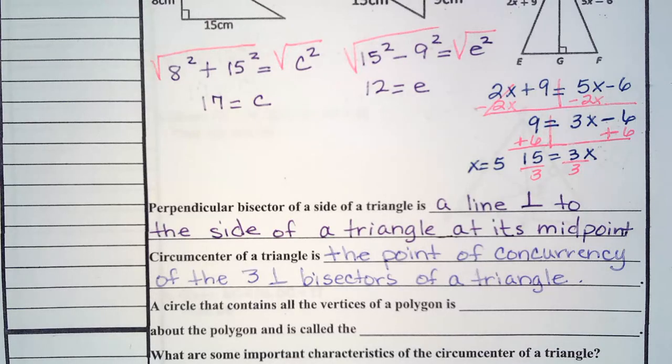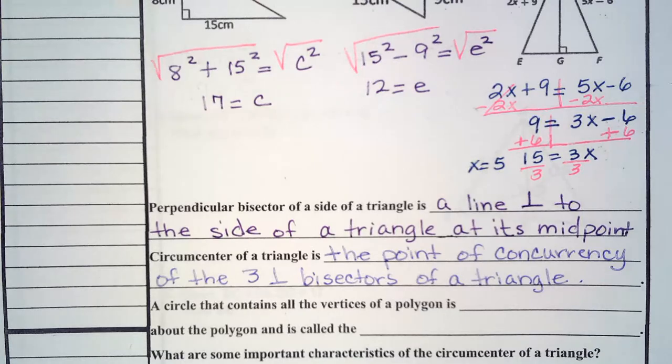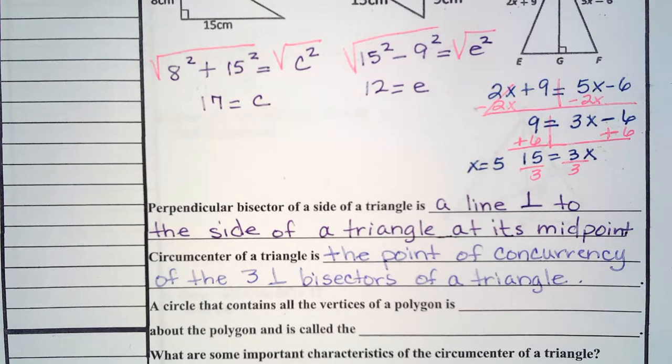Okay, there's a couple more things we need to know what it means. A circle that contains all the vertices of a polygon is blank about the polygon, and it's called the what? Okay, so if it contains all those points, it is what we call circumscribed.